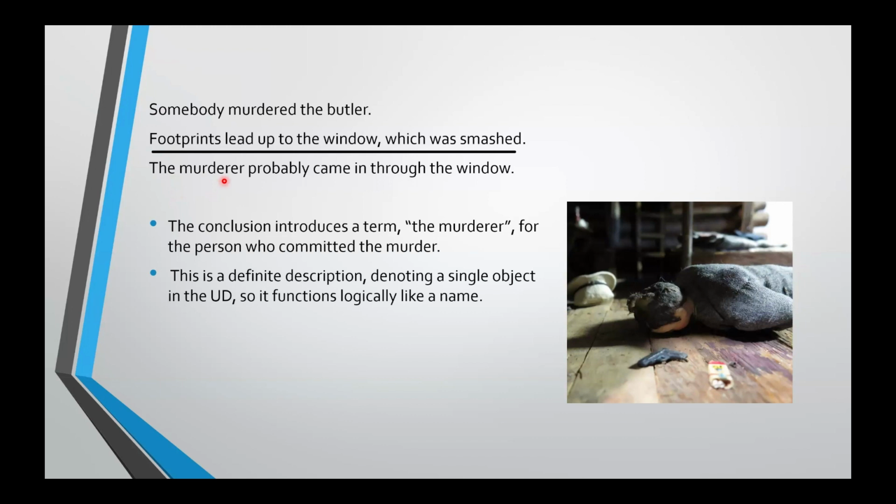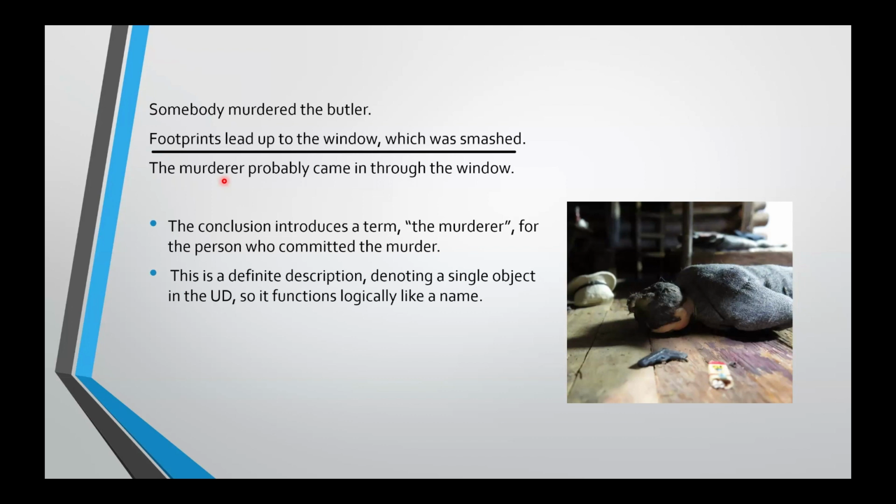Presumably, given the evidence that we're looking at, there was somebody who murdered the person, and there was only one of them. So we're expecting, fallibly, that this is a definite description. Definite descriptions function logically like names, right? They are unique identifiers. They denote single objects in the universe of discourse.